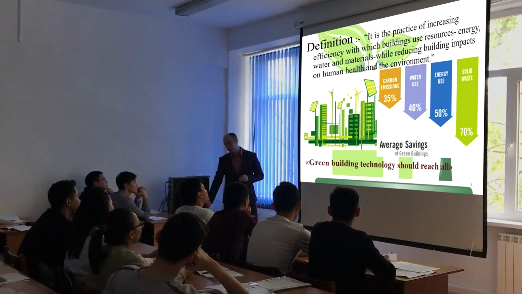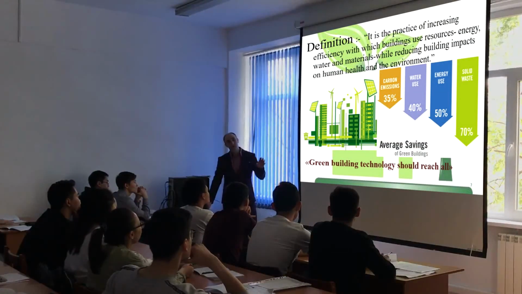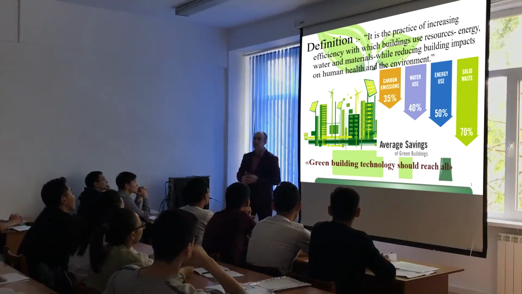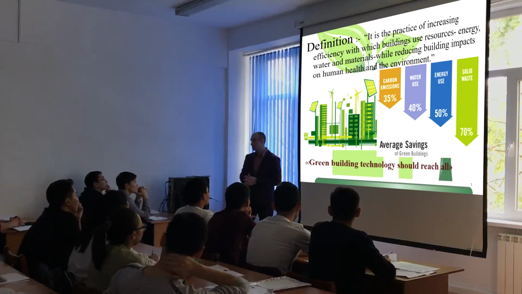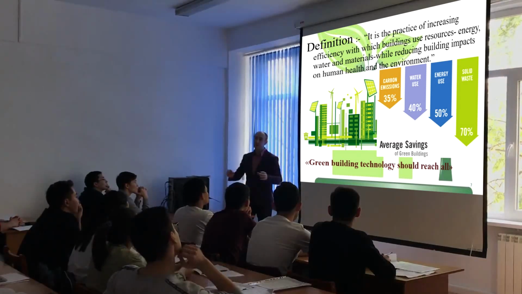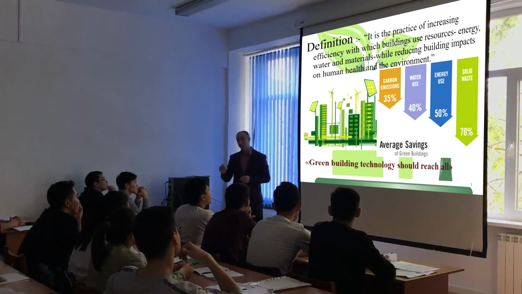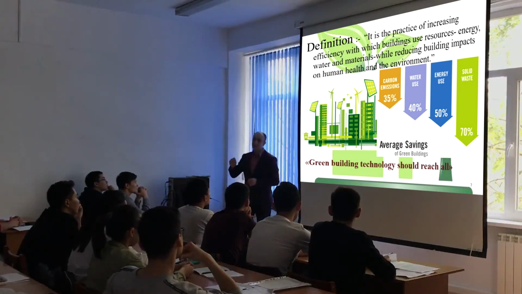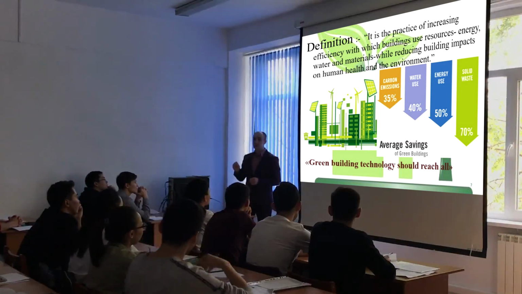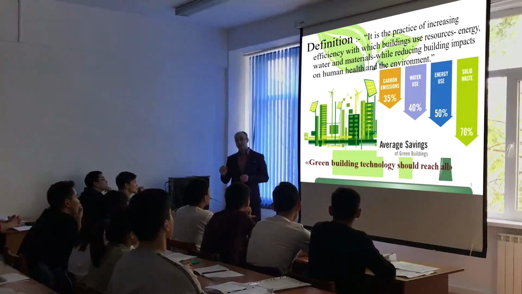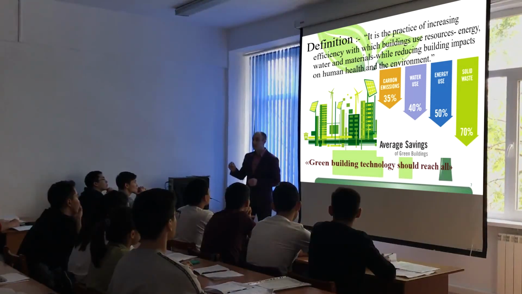So write the definition. When we discuss the main properties of green buildings, we can surely say that green buildings help us to make our environment clean, to reduce carbon emissions, so carbon dioxide can also be reduced.